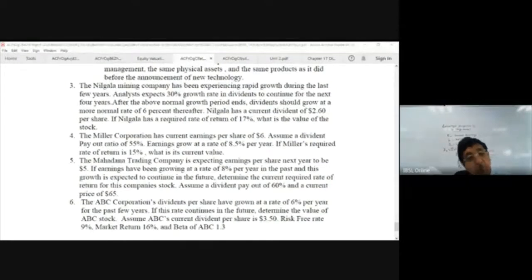Now, when you start with the question, dividend payout ratio is 55%, and earnings per share are given, that is 6, and it can be multiplied with 55%.